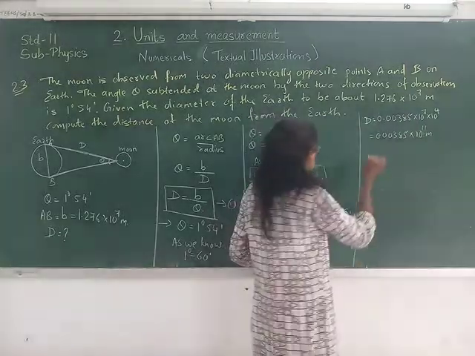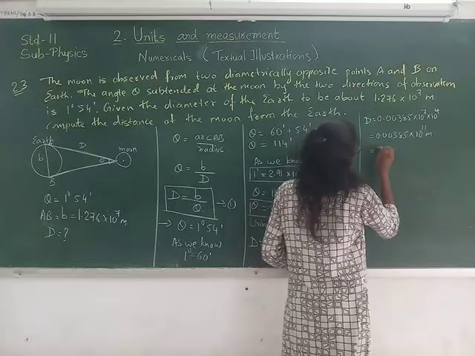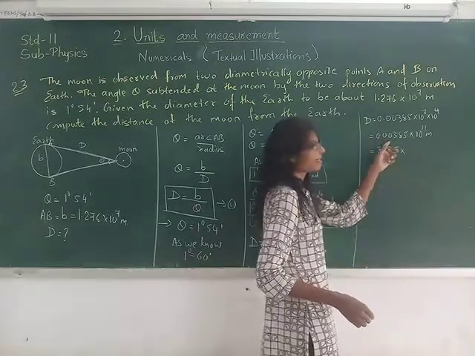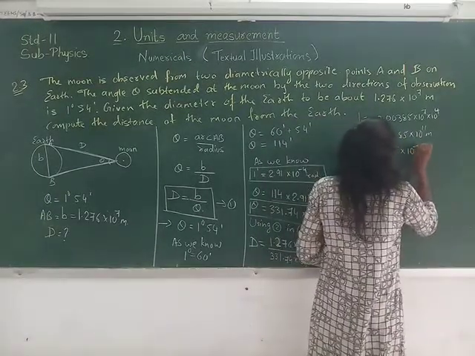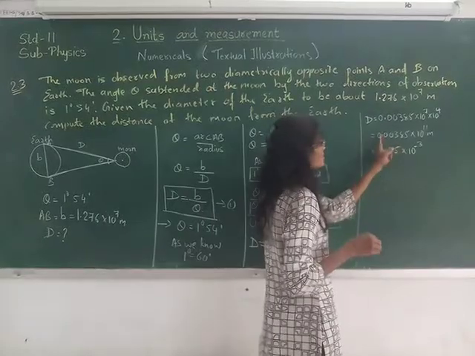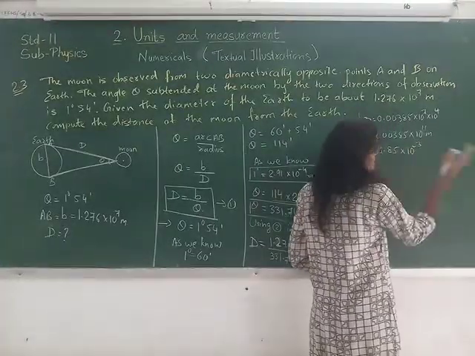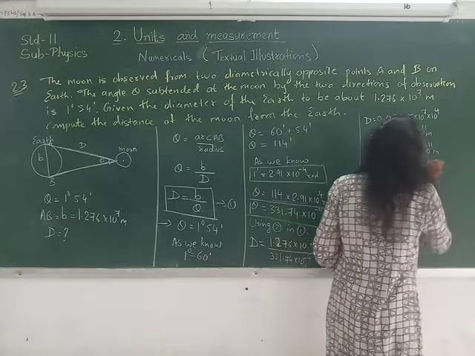Shifting this decimal point by 3 places to the right, we get 3.85 into 10 raised to minus 3.